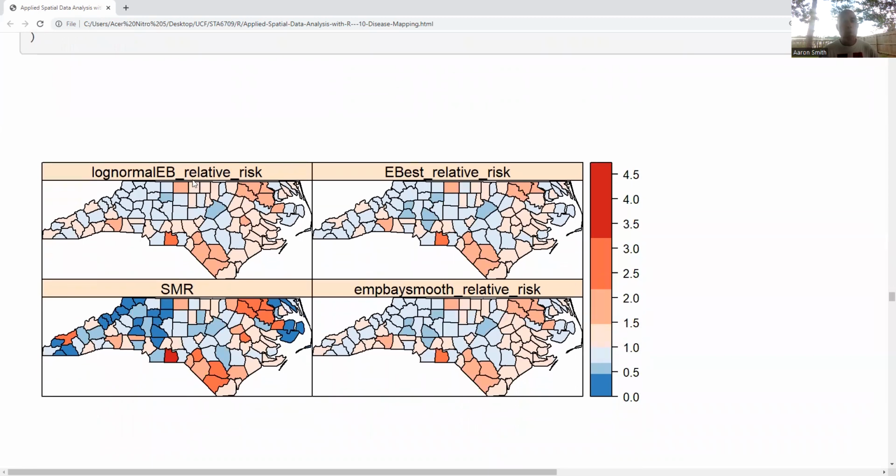All right, so we can see that visually when I look at the 4 different methods, the empirical Bayes techniques all give pretty much the same visual map. There's a little bit of difference, and we can see that there aren't nearly as many extreme values. When I look at the SMR, which only takes into account the cases and the expected values in that particular county, we can see we get more extreme values going on.